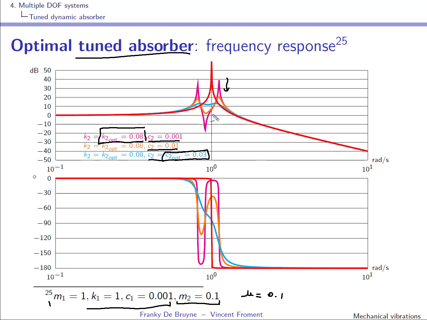And you see indeed that you have now, well, made sure that everything is okay around the natural frequency of the initial system, but that your response is good in a wide frequency range around this natural frequency of the first system, and you have ensured that the peaks at the two natural frequencies are at exactly the same height.